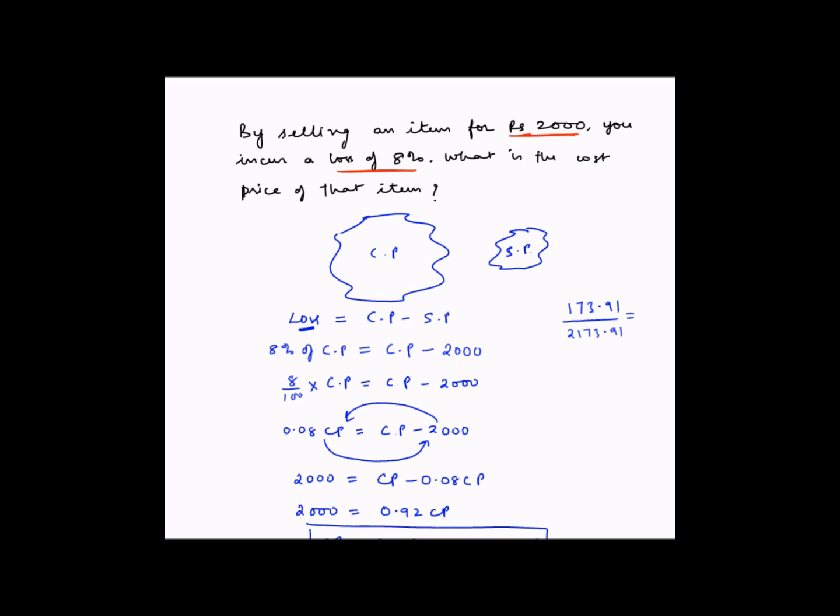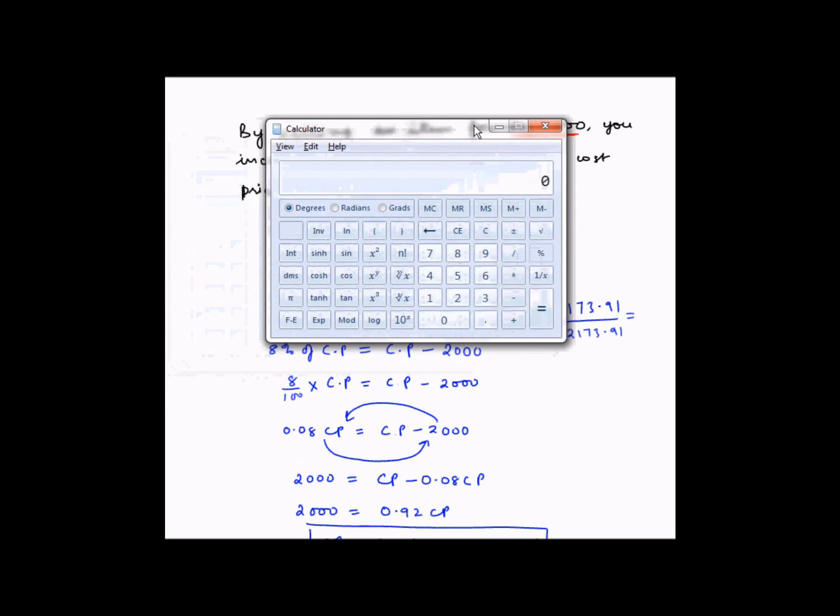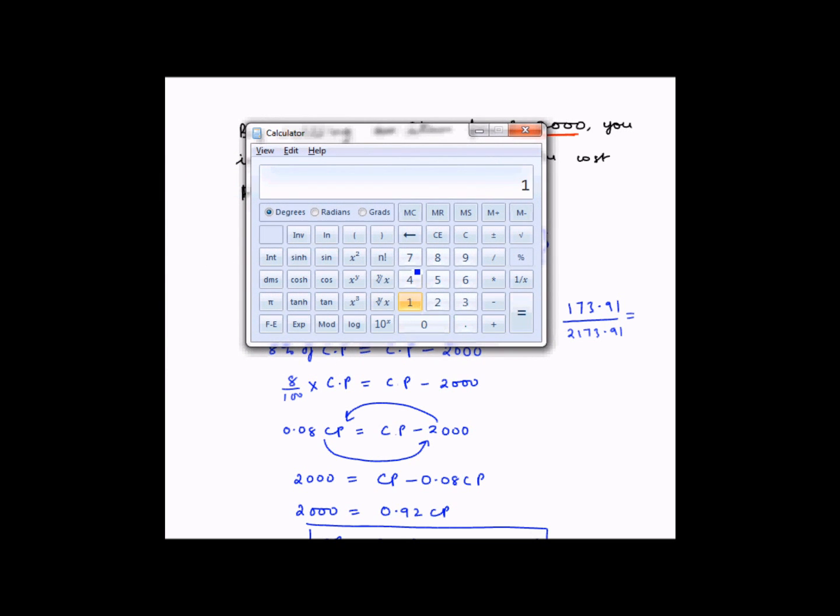So let's quickly calculate it. 173.91 divided by 2173.91. So this is 0.079.